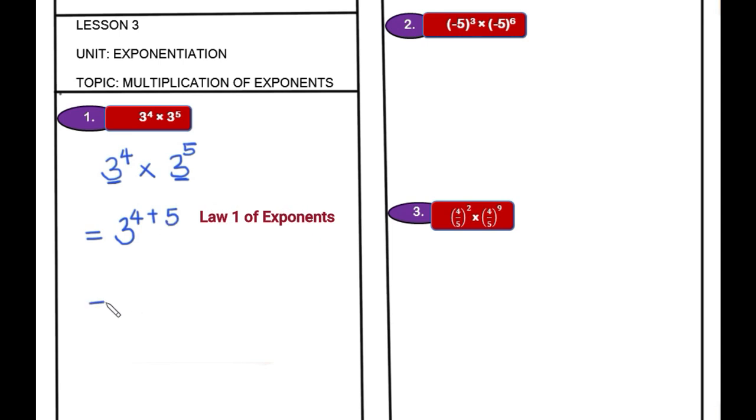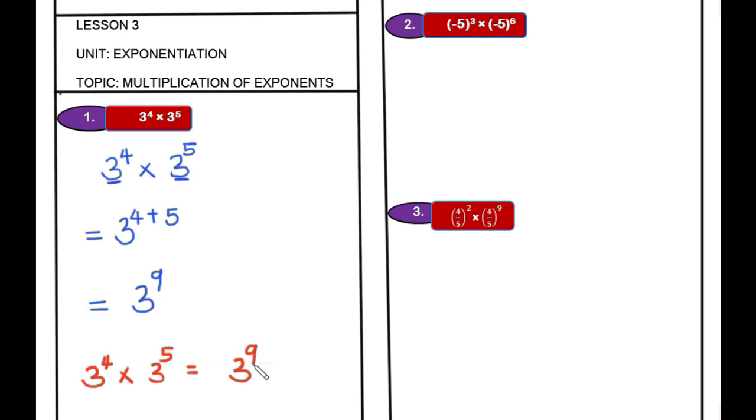So if we get 3 as the base, then 4 plus 5, we come up with 9. So therefore 3 to the power of 4 times 3 to the power of 5 equals 3 to the power of 9.